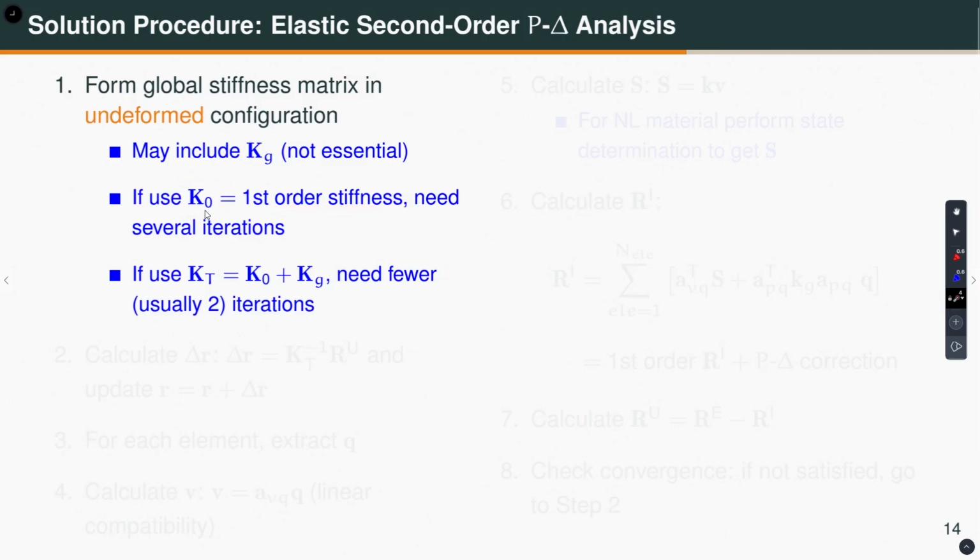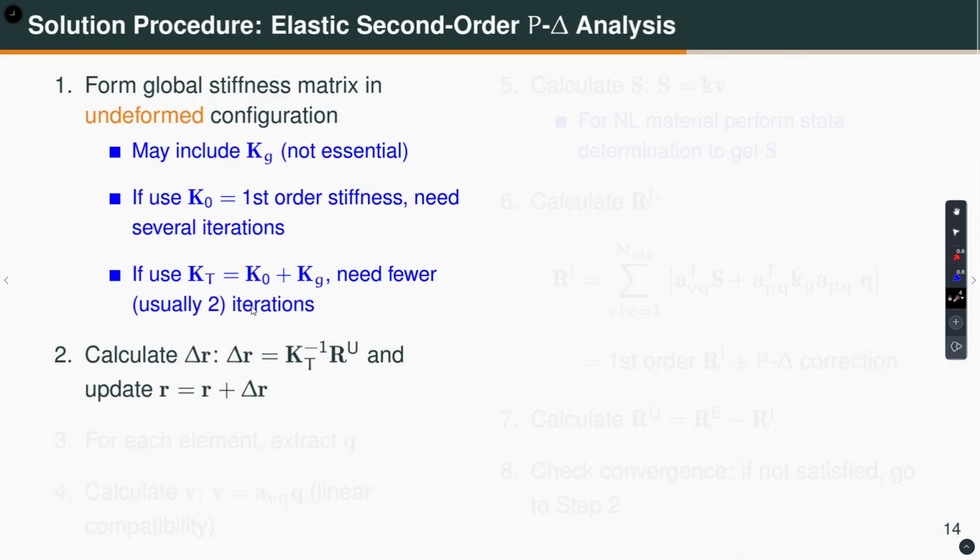And if you use this, when you perform the iteration, as I will show in just a little bit, you need to do several iterations. If we use the tangent stiffness Kt, which is K0 plus Kg, remember when I use uppercase, this means the stiffness matrix is for the structure level, and lowercase is for the element level. So, if we use Kt, then we need to do fewer iterations, typically 2.